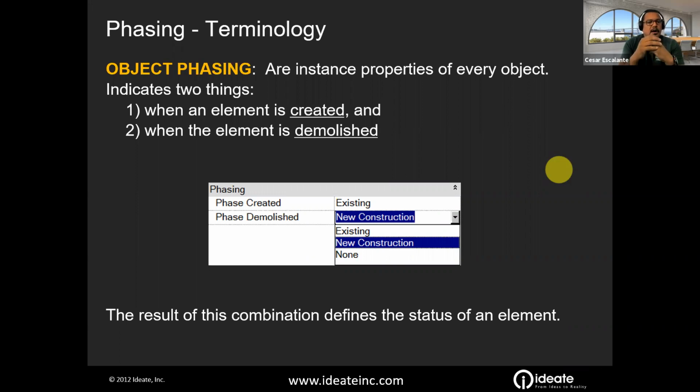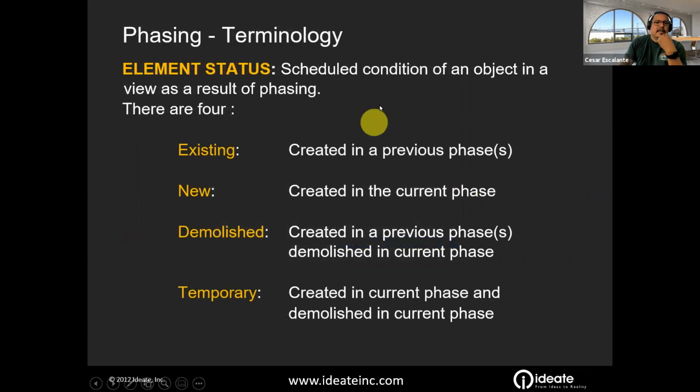So the object phasing is a combination of two parameters, the phase created and the phase demolished. And the combination of these two different parameters creates the status of an element.